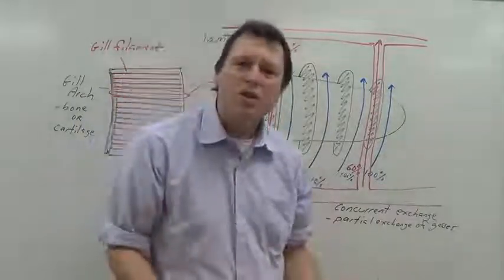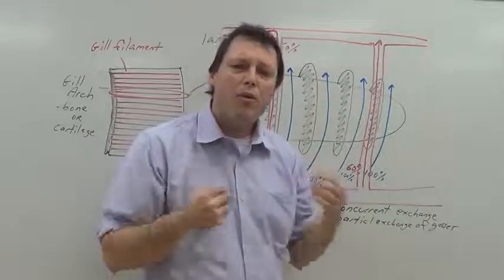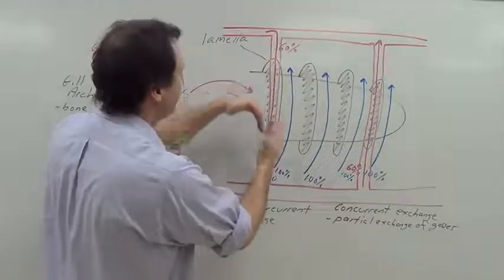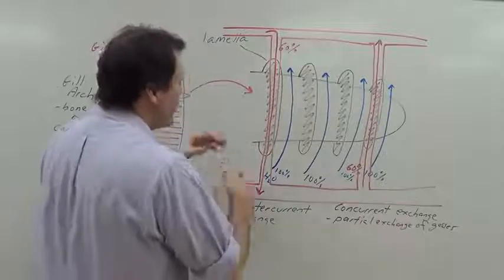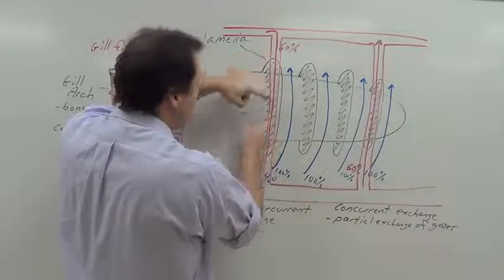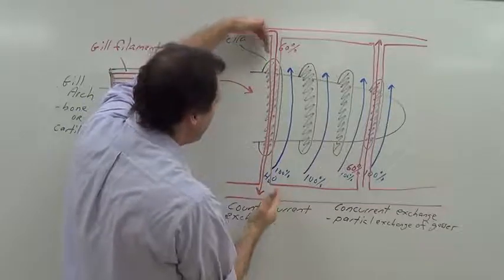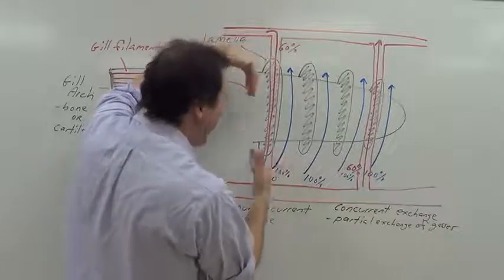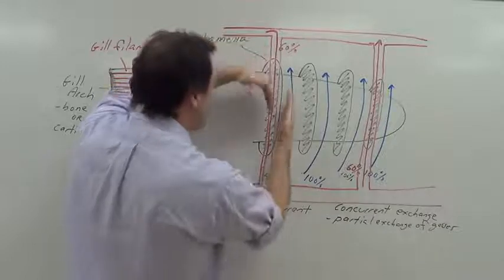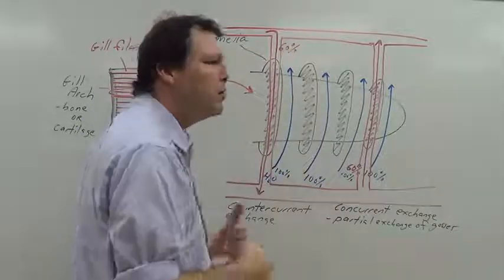Now what that's going to do is it's going to prevent equilibrium from happening here. So it doesn't matter at what point we are in this gill filament, the blood and the water, the oxygen and carbon dioxide concentrations are never going to come to equilibrium.